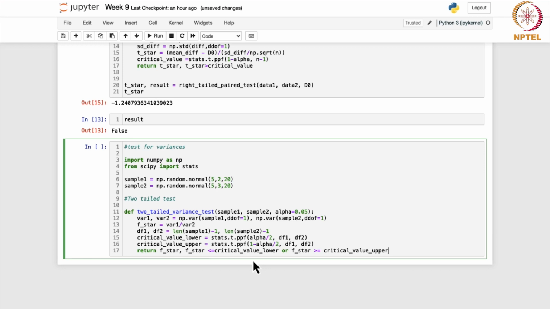So in this region basically we reject. If F star is less than F 1 minus alpha by 2 and greater than F alpha by 2, in that case only we accept, otherwise we reject.